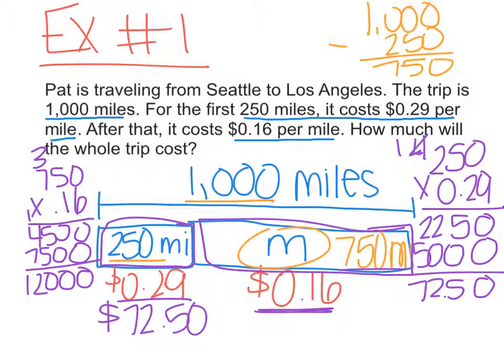And we put in our decimal. So the second part of the trip was $120.